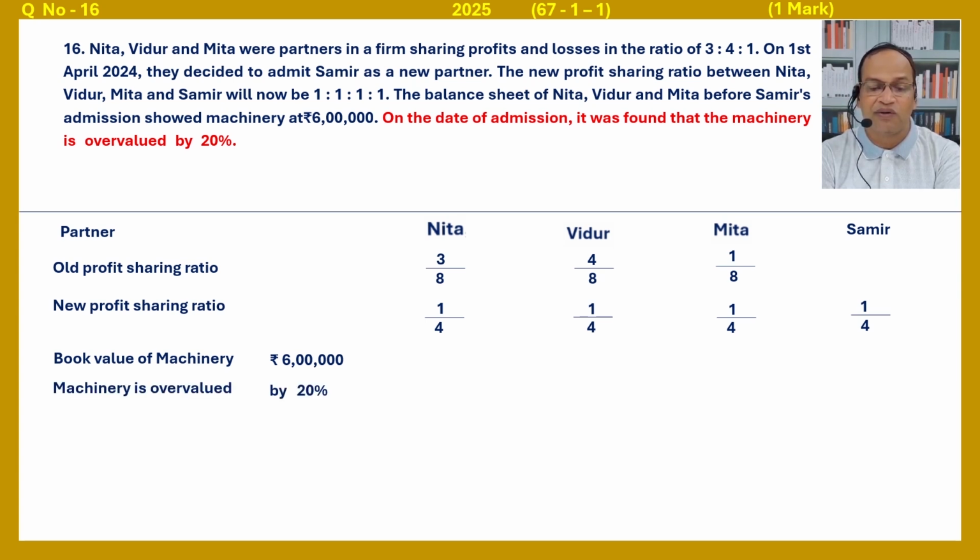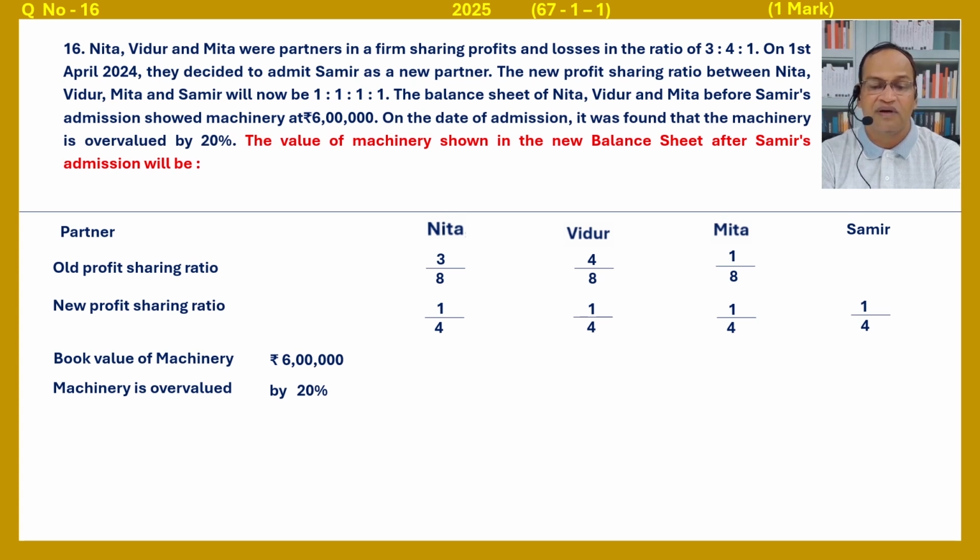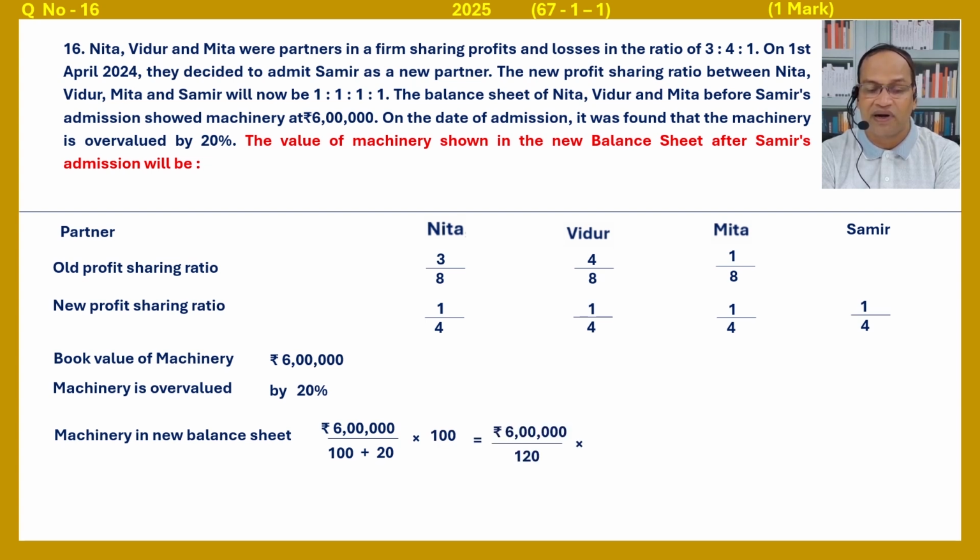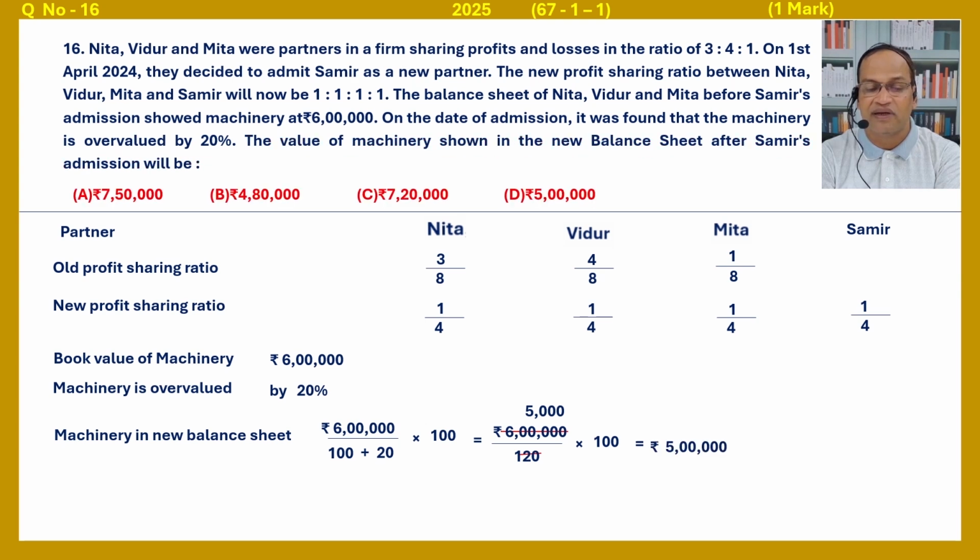So the value of machinery in the new balance sheet equals 6 lakh divided by 120 into 100. Cancel 120 into 5, so it is 5,000 into 100, that is 5 lakh. The answer is option D.